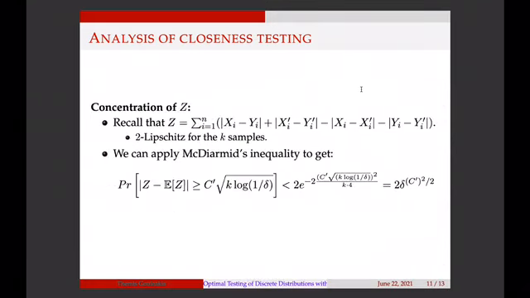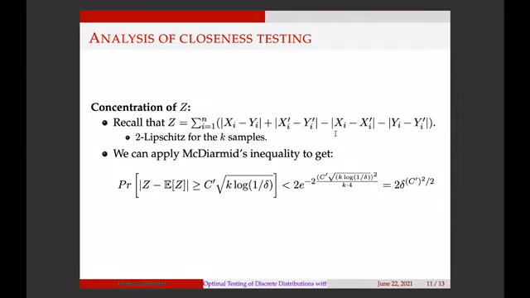Now regarding the concentration of the statistic Z, recall that it's easy to see from the definition of the statistic that this is 2-Lipschitz. So if only one of the samples changes, the value of Z can only change by 2.